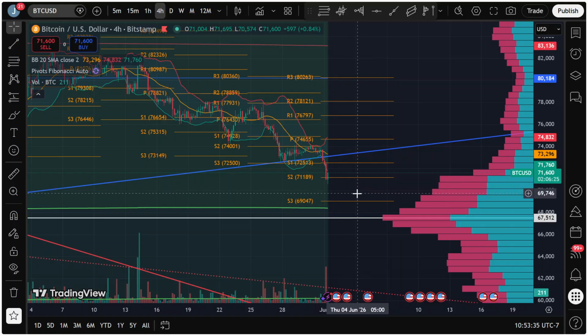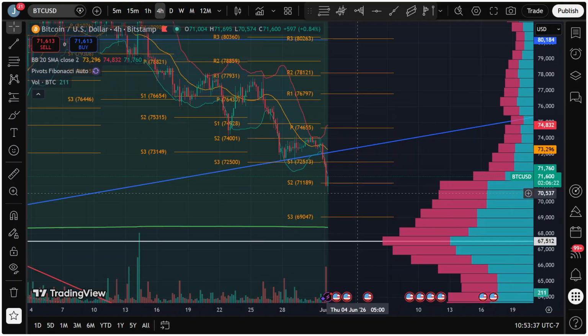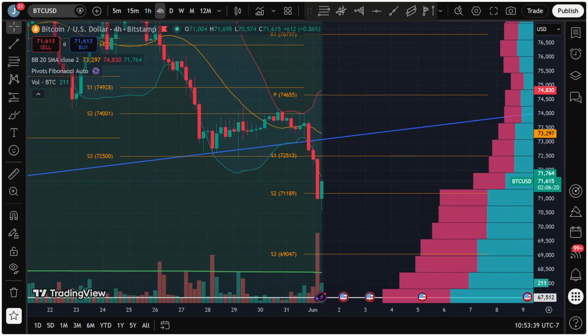If you're looking for another entry, as I said earlier in the video, technically speaking, this is a long entry. We are well outside of the Bollinger Bands at the moment after a significant period of time breaking down below it. Similar to these, how we were breaking down for a while, and then this is kind of the first indication that we have a long entry, even though this one's a little bit cleaner.